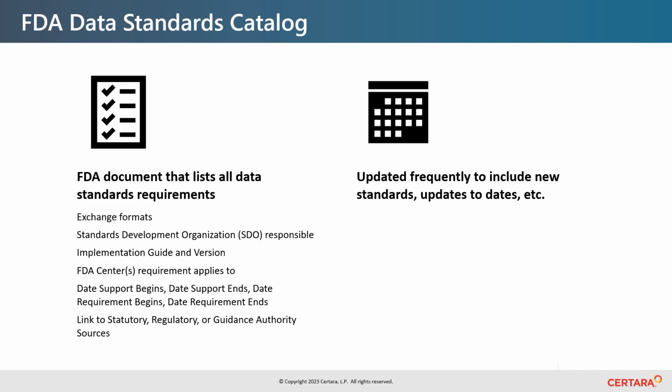The best resource for determining the requirement for SEND datasets and associated data standards for FDA is the FDA Data Standards Catalog. This document is an Excel spreadsheet that lists all the submission data standards relevant for FDA.